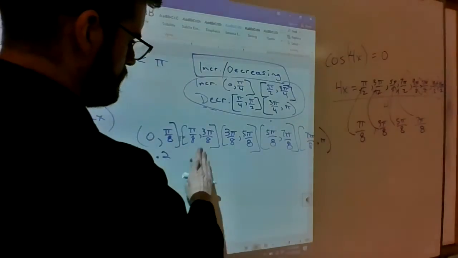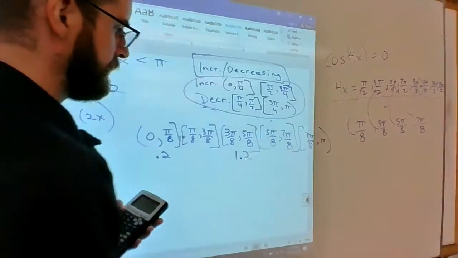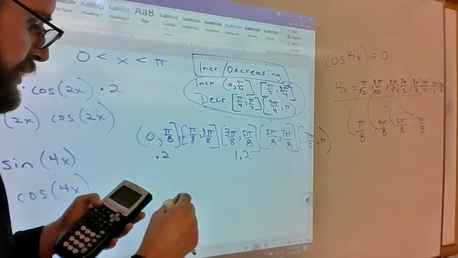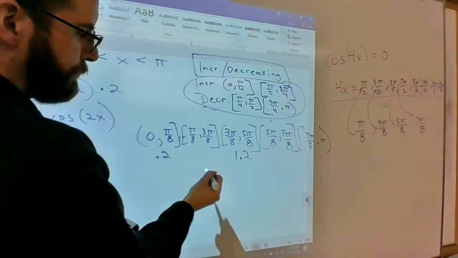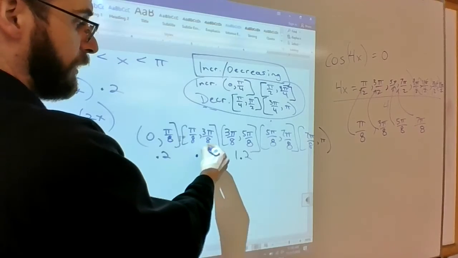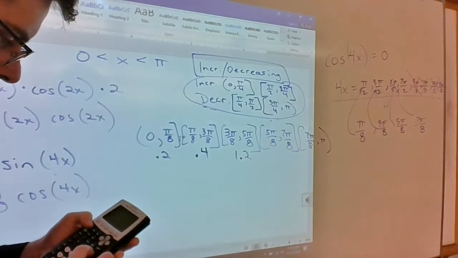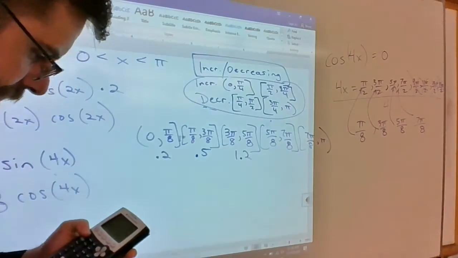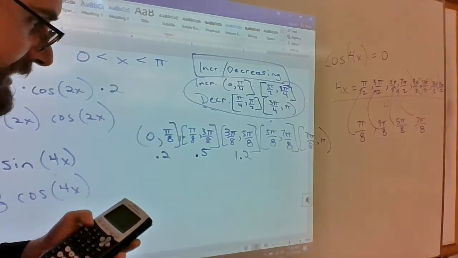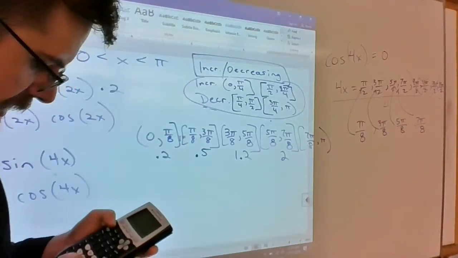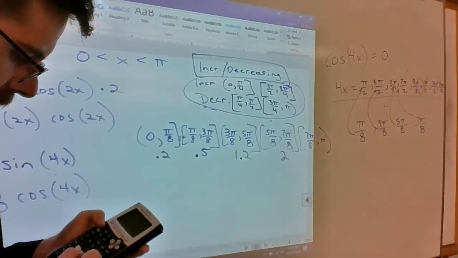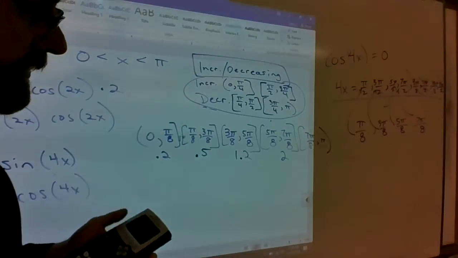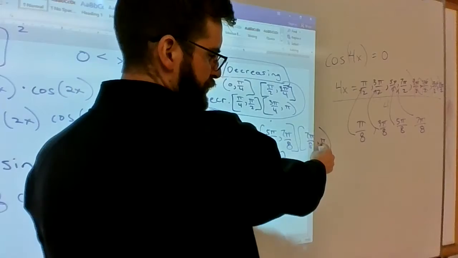I'm sorry. That would work there. It needs to be more than pi over 8. Pi over 8 radians is 0.39, so maybe I'll put 0.4 in there. Although that's really close to 0.39. I'm going to go 0.5. 5 pi over 8 is 1.96, so I could just plug in 2 radians there, and then 7 pi divided by 8 is 2.7. Or just say, you know what, this is 3.14.